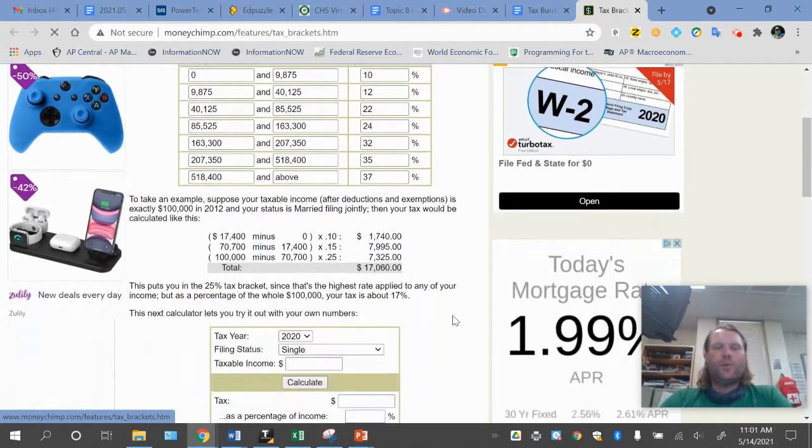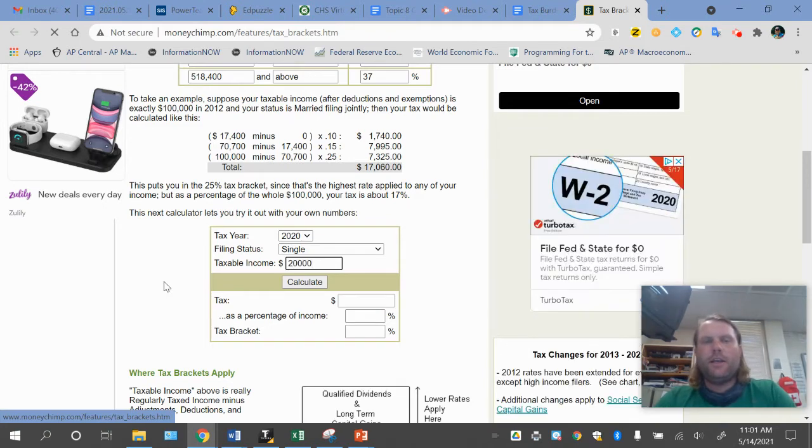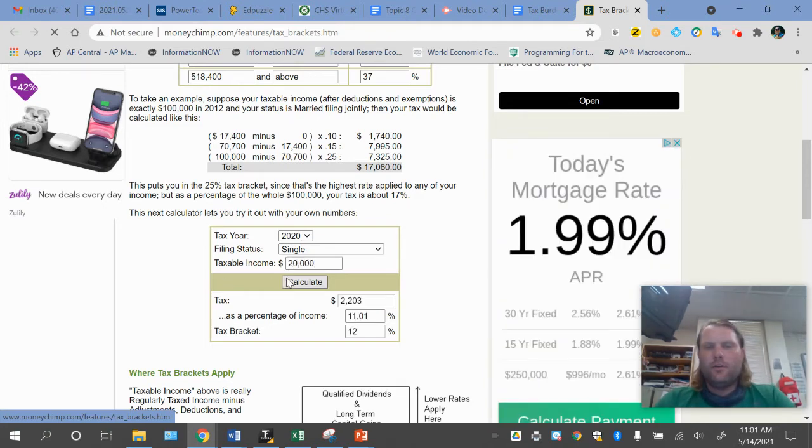Now, we could spend a lot of time doing that, but if you scroll down that page on that link, you'll see that you can enter any income that you want and calculate how much you would owe. Notice that your percentage of income is not the same as the tax bracket that you would fall into. If you made $20,000 in a year, you can expect to pay $2,203.